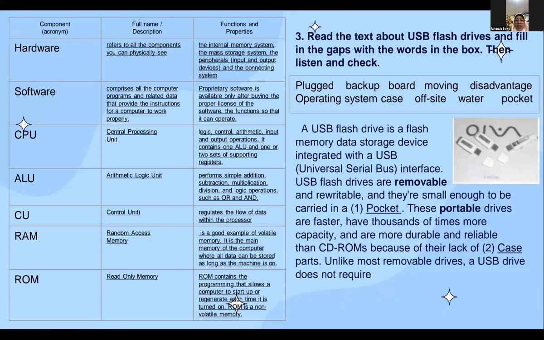Software is the computer programs that provide instructions for the computer to work properly. In your table there is already an explanation of the components: hardware, software, CPU, CU, and RAM.